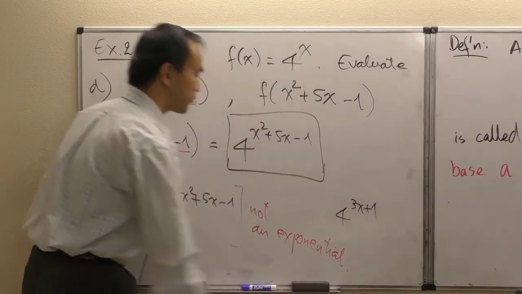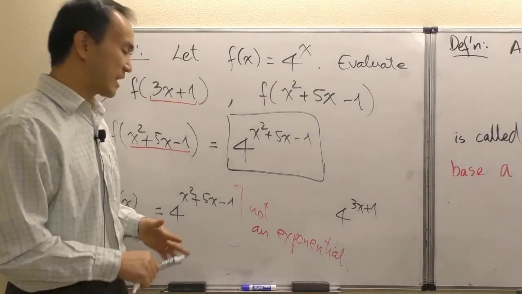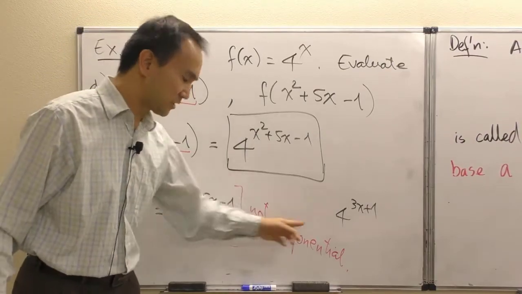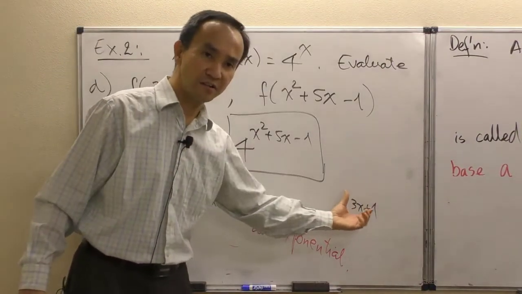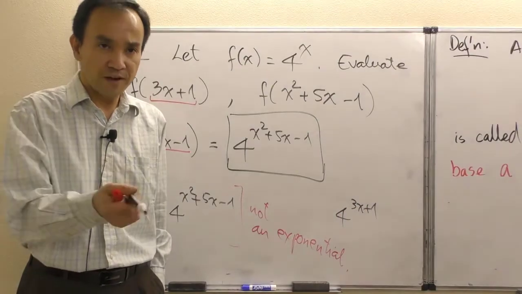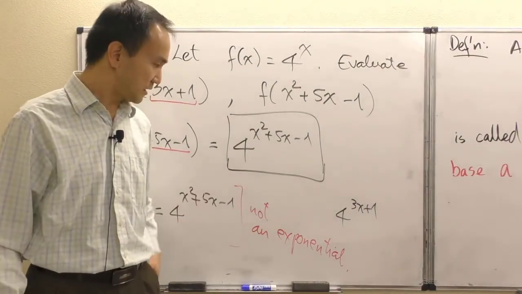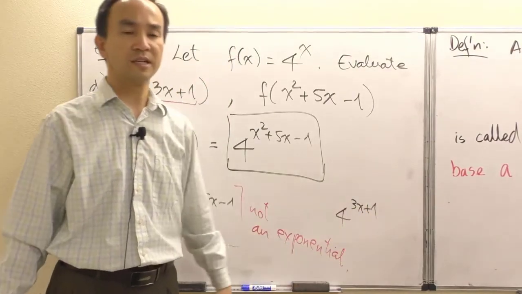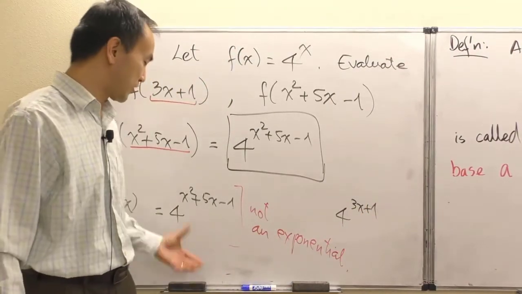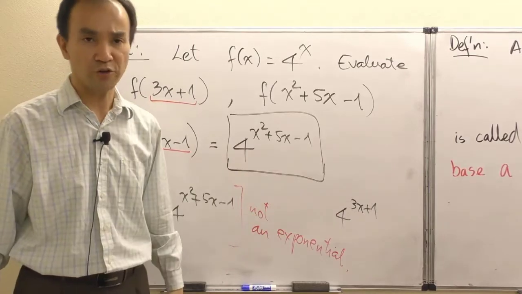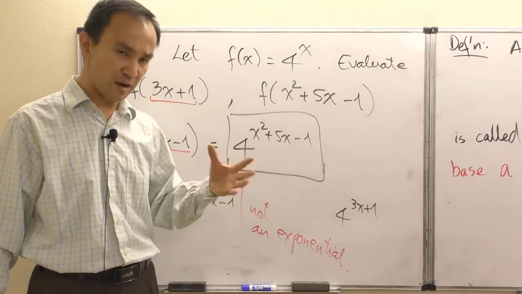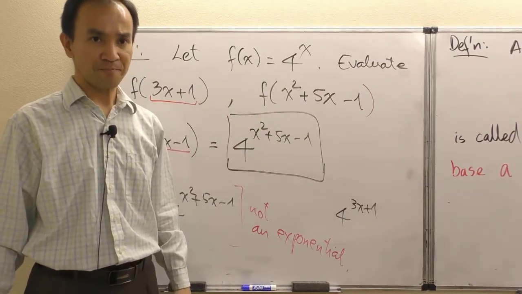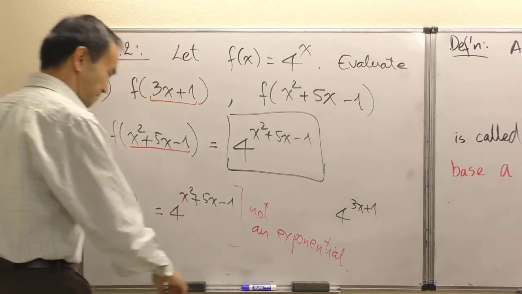We will get to see the reason why. It all has that base raised to a variable exponent, but how come this one eventually would be considered an exponential function, whereas this one would not be? All of the explanations will come as we explore the actual graphs of these exponential functions.